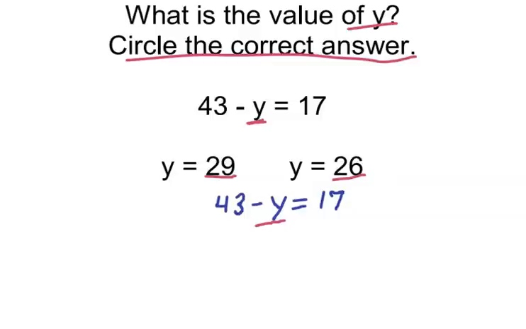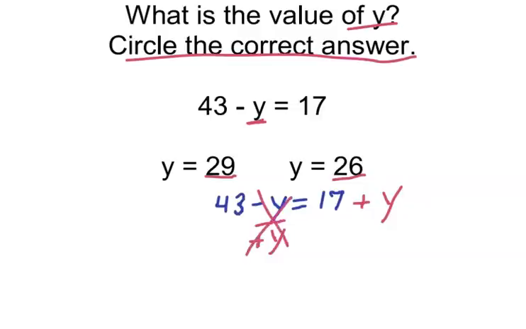So what we're going to do is add y to both sides of this equation. All right, so if you take a positive y and a negative y, whatever y is, if it's 14, it's going to be a positive 14 and a negative 14. If it's 7, it's a positive 7 and a negative 7. So no matter what, it's going to end up just being 0.